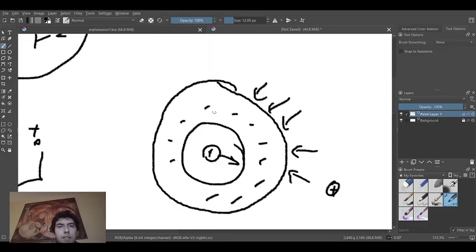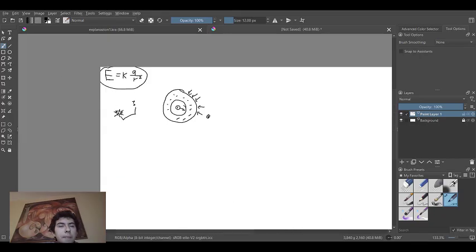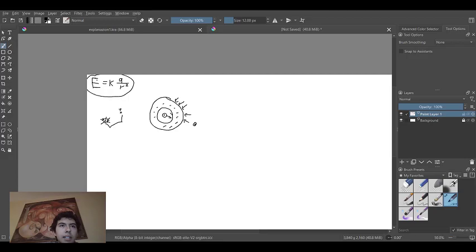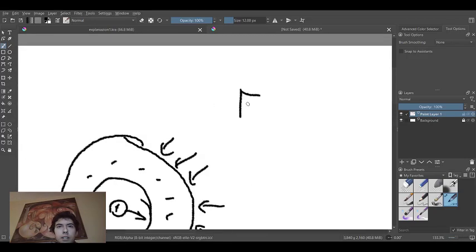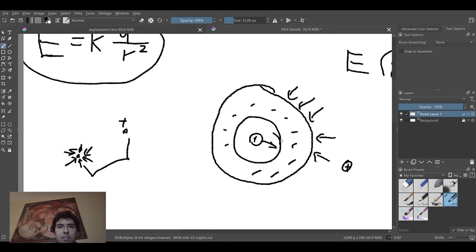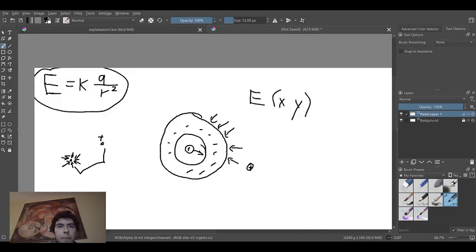So if this is 2D, the Gauss's law makes it so that the electric field is now essentially in terms of x and y in a plane instead of just the distance from a specific point.